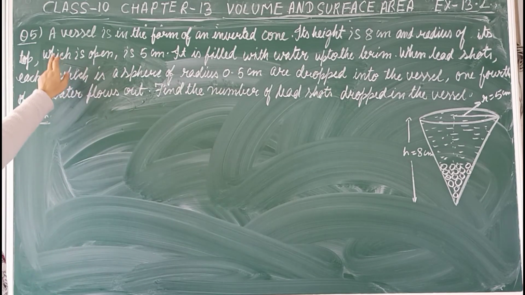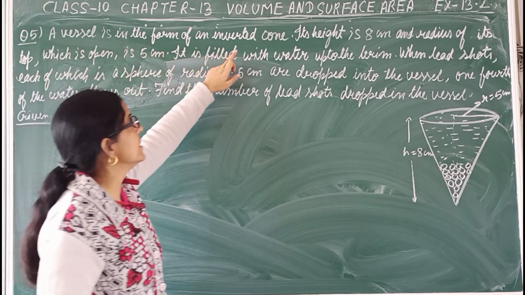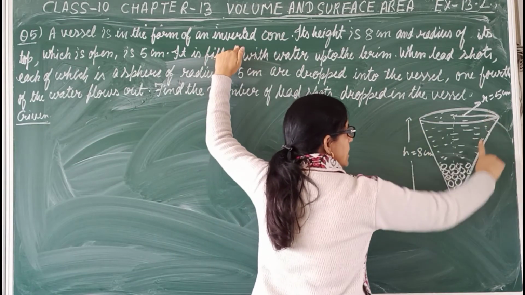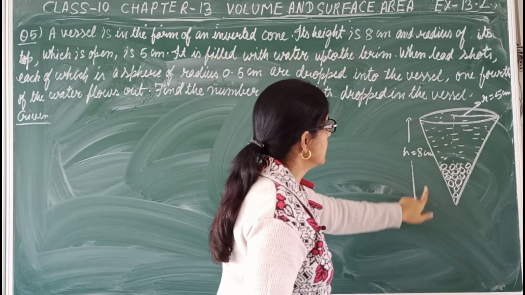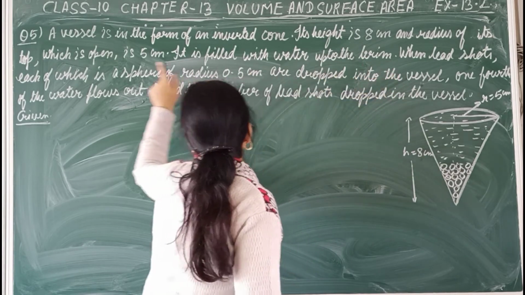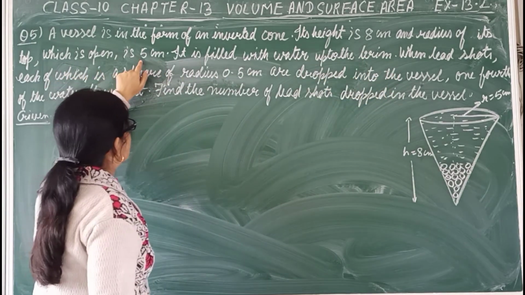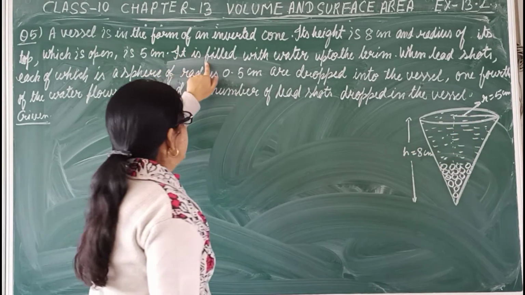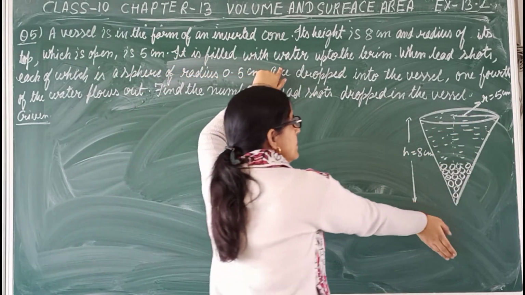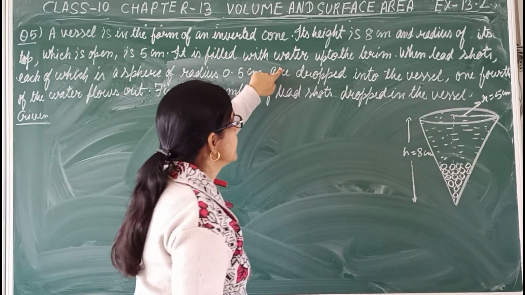So question number 5. A vessel is in the form of an inverted cone. Its height is 8 centimeter, and the radius of its top, which is open, is 5 centimeter. It is filled with water up to the rim. It's a full cone with water.